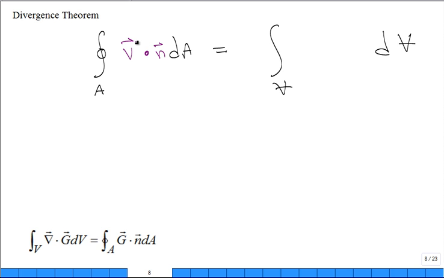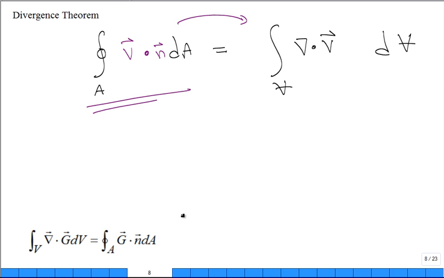So you get the velocity vector at every point along the surface. You dot product it with the outward directed unit normal vector. You sum it up, make the integral over the entire surface. And you can now replace it via Gauss's divergence theorem by a volume integral of, guess what? The divergence of V over the volume. That's Gauss's divergence theorem.